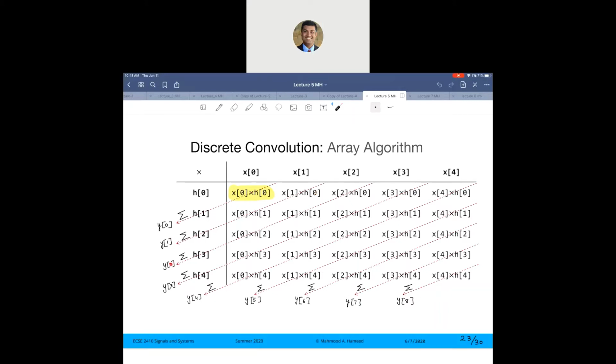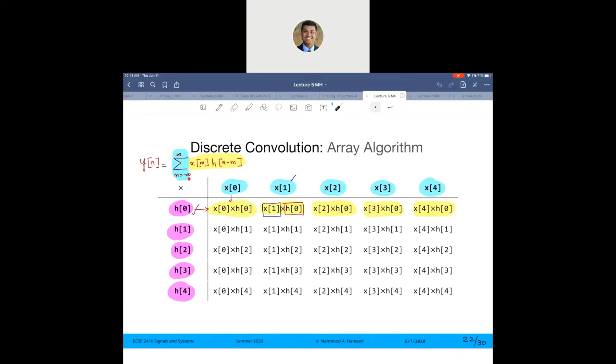And similarly, you get all the other elements up until y of 8 by summing across, indicated by that summation sign, across that diagonal. And the underlying math is directly connected to that convolution summation that we derived in the last class, which essentially relates to superposition.